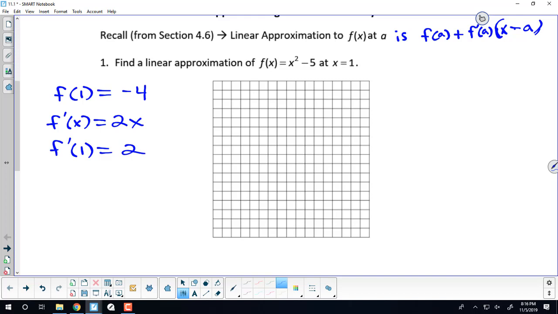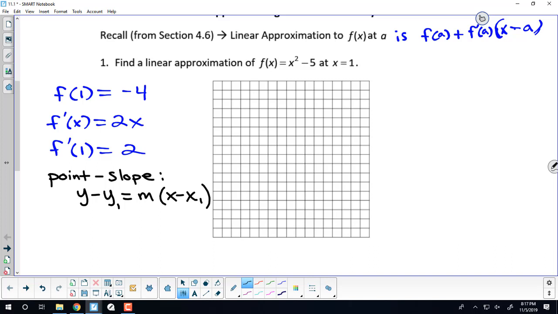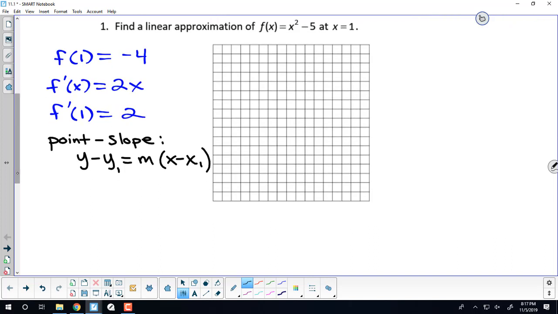We say, well, the slope of the tangent line is 2. And really, do y'all remember the point slope formula for a line? That's really all it is. It's just a rearrangement where it's already solved for y. So we say y is y1 plus m times x minus x1.